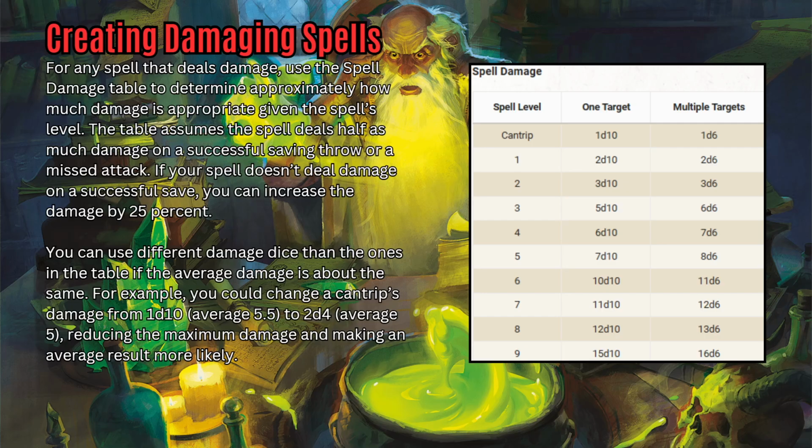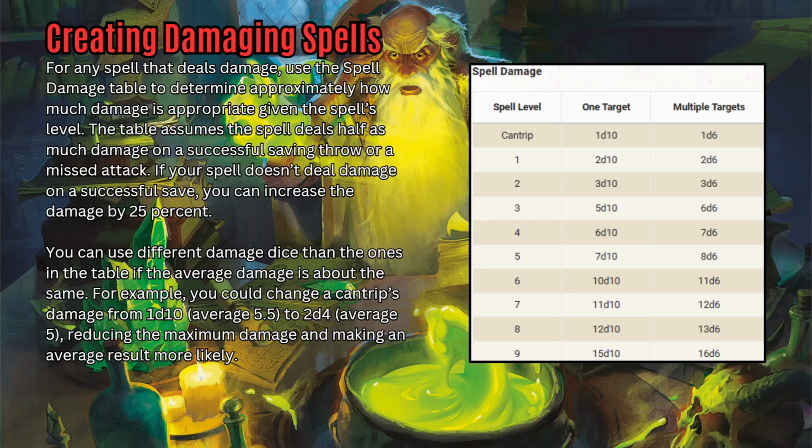For any spell that deals damage, there is a spell damage table in the 2024 Dungeon Master's Guide that teaches you how to determine approximately how much damage is appropriate given the spell's level. You can see there's a nifty little table that lists the average damage that a spell of a certain level should deal.